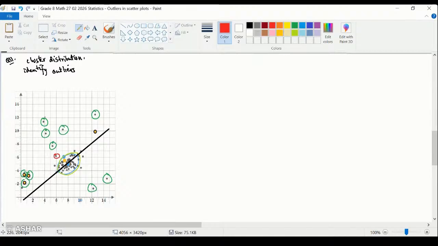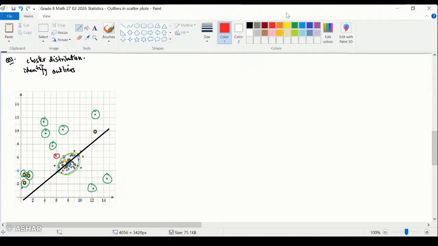It can be an outlier, or we can ignore it, because the outliers in this case are very far away also, right? So we prioritize selecting outliers which are far from the line of best fit. Okay. Cluster means most of the points were concentrated in the center.